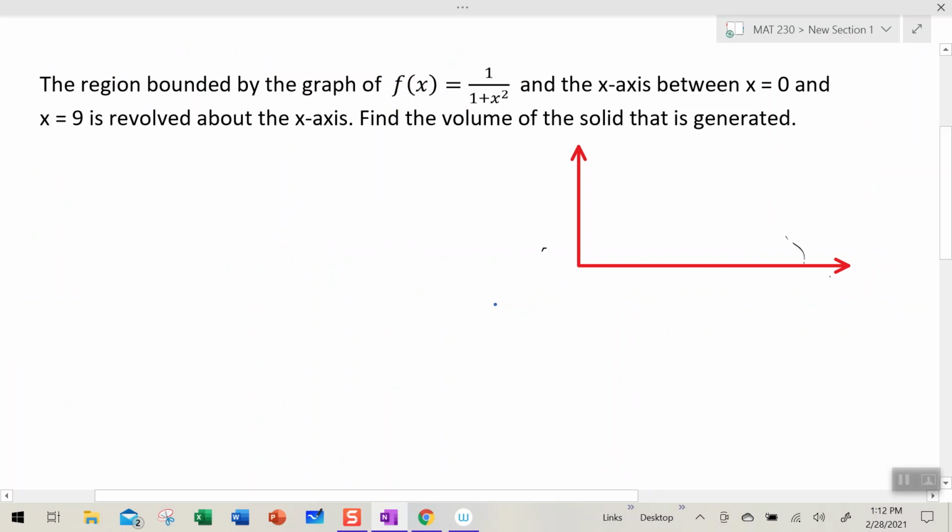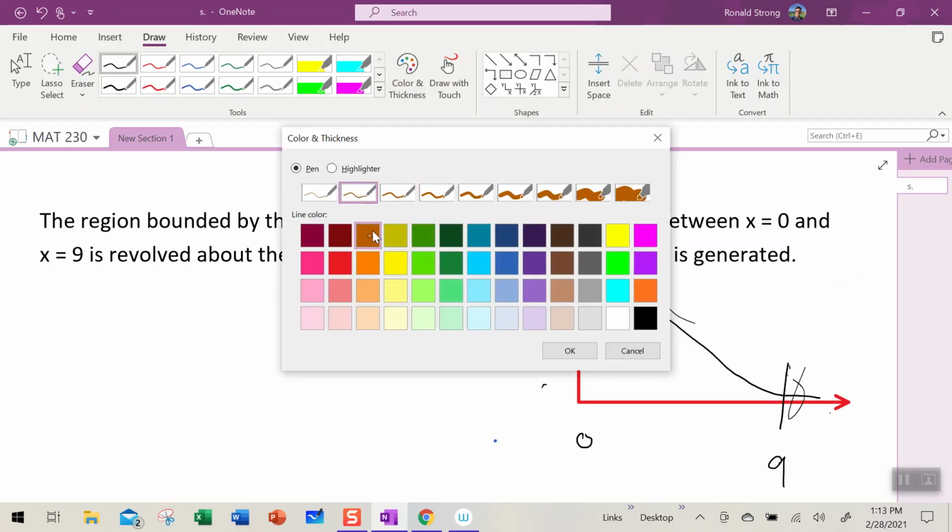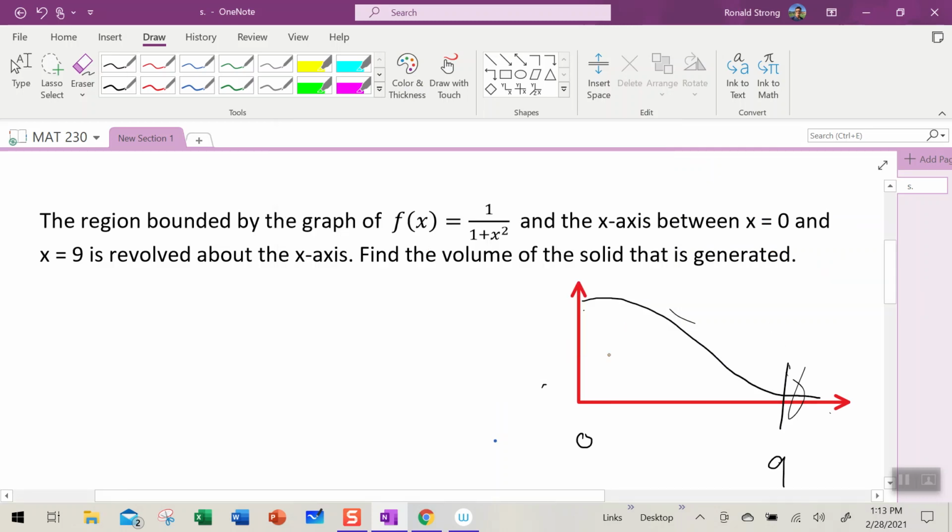We'll make 9 right here, and then of course 0 is over here. Okay, so our region R is right here, and I'm going to draw a representative rectangle.